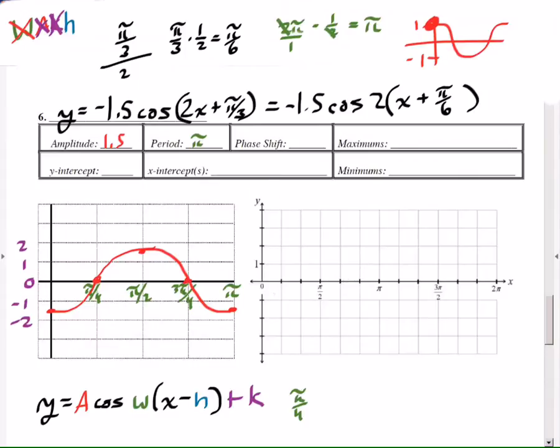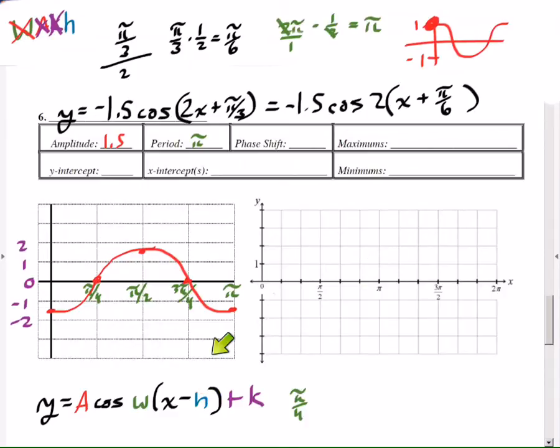What's the last thing we have to do? H. That is the horizontal shift. That moves it left or right. Okay? Now, stay with me on this one, because this is a stretch right here. It's shifting to the left because it says plus pi/6. You see right here how it says -h?